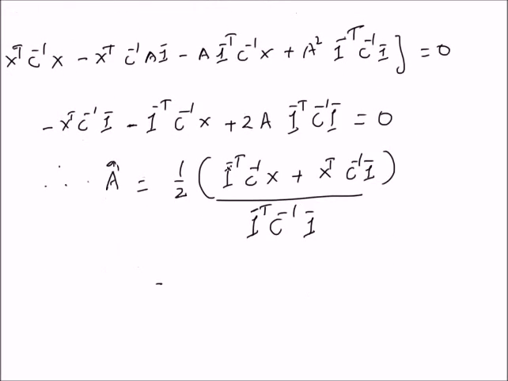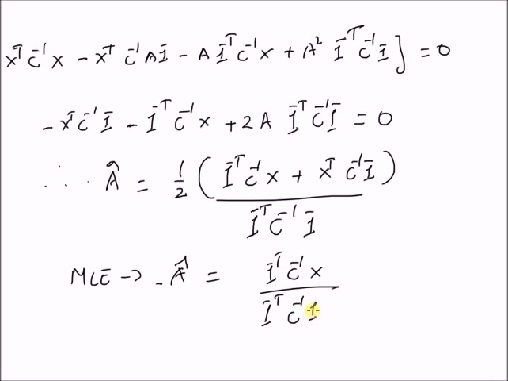Therefore, the maximum likelihood estimator MLE of the parameter A is, since these two terms are equal, we can rewrite it as 1 bar transpose C inverse x divided by 1 bar transpose C inverse 1 bar.